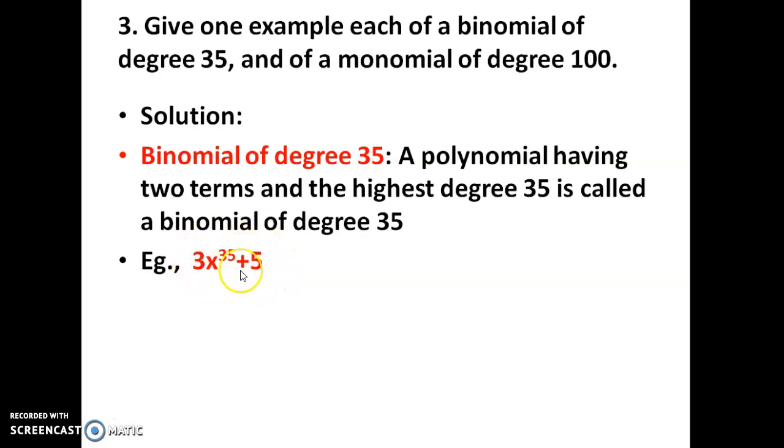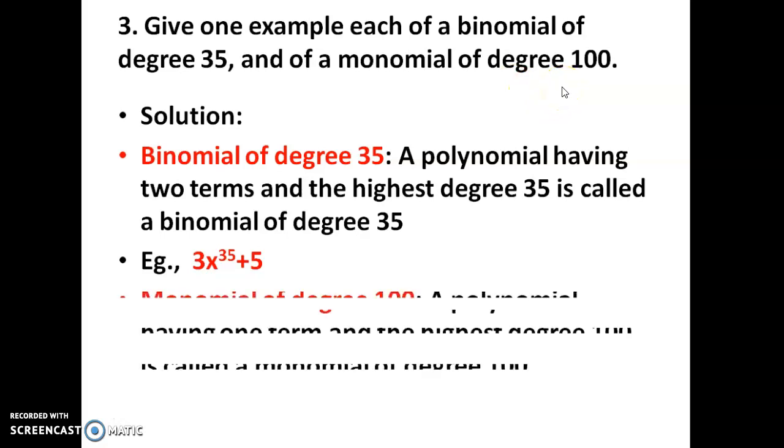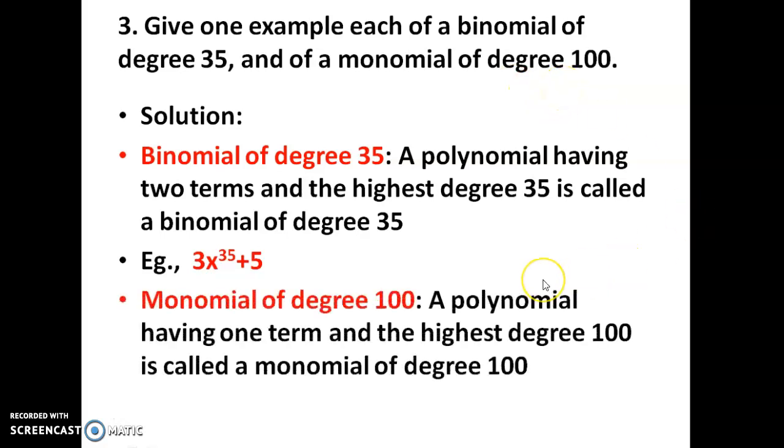So two terms should be there, then only it will be a binomial. Understood? Now monomial of degree 100. Monomial means only one term. So you can write like 4x to the power of 100. If you didn't write 4 also, no problem. x to the power of 100 or y to the power of 100. Any example you can write.